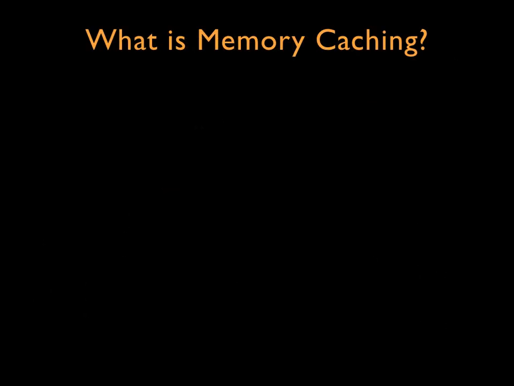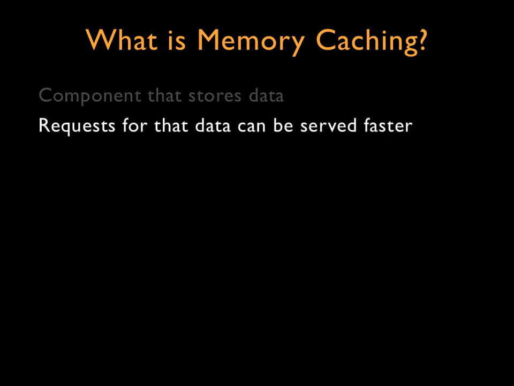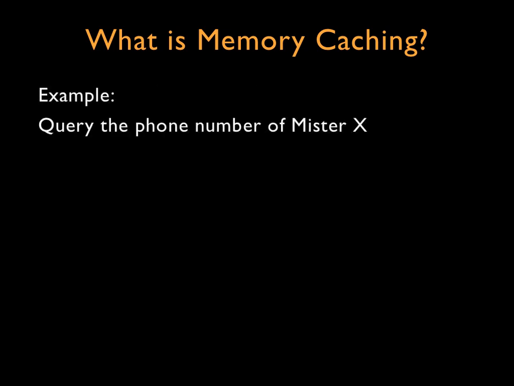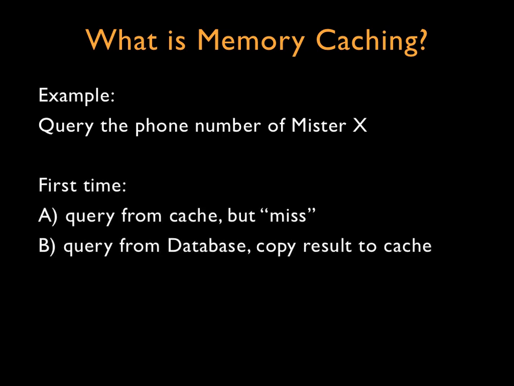So what is memory caching then? It's basically about installing a component that stores data, and then every request for that data can be served much faster. Let me give you an example. If you want to query the phone number of Mr. X, the first time you do it, you try to query from cache, but miss.